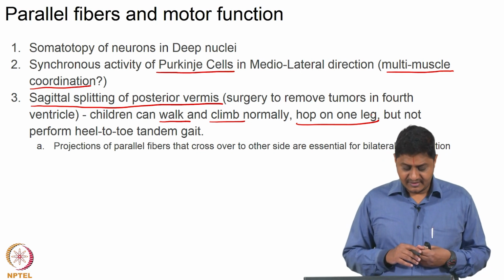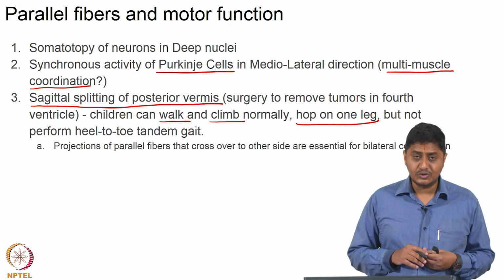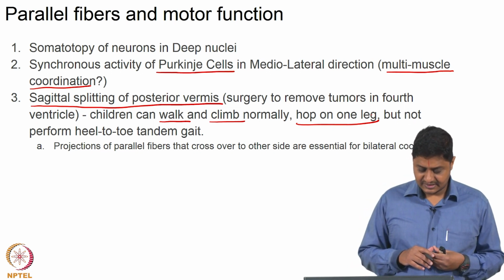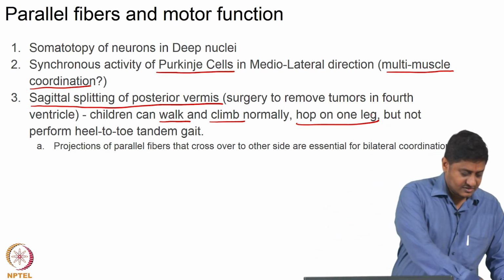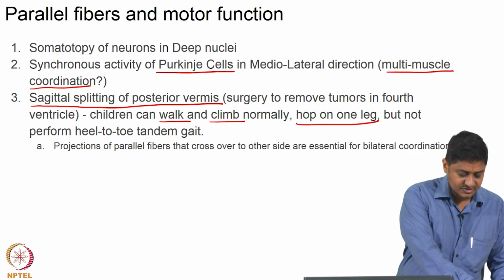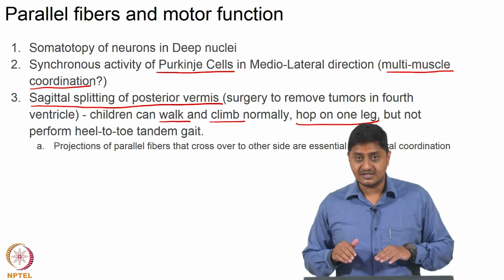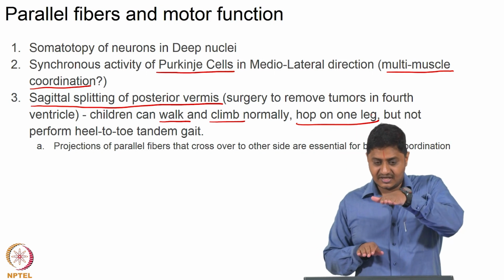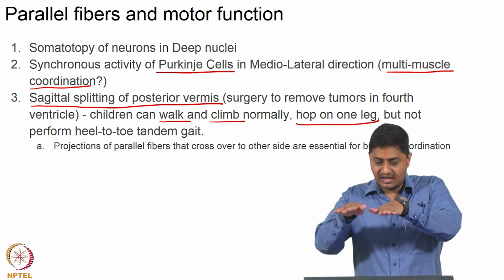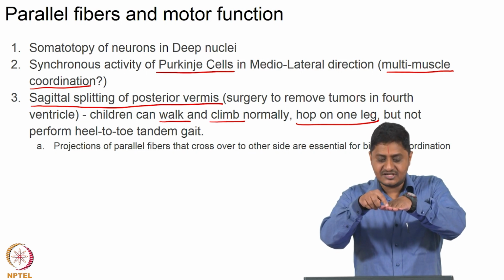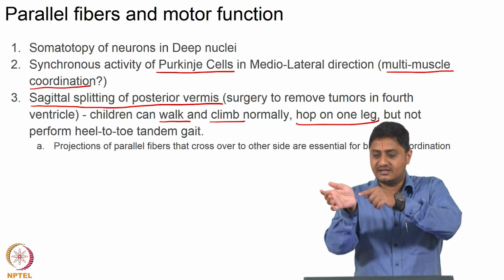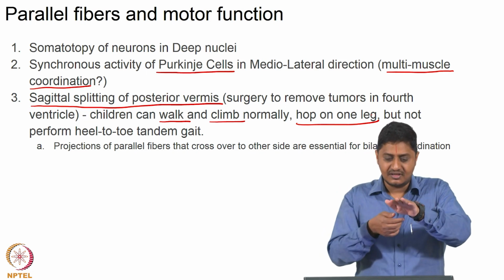But when you ask them to perform heel to toe tandem gait, so what is this? Let us consider this situation. Suppose my two hands are the two legs, the first leg is placed here, then the second leg, and suppose this is the toe of the first leg and this is the heel, the wrist is the heel suppose.